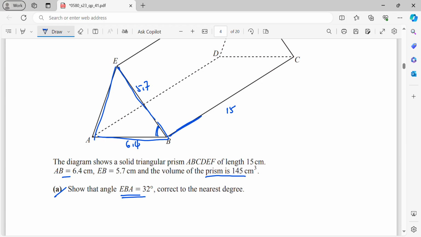So I will say volume equals area of triangle ABE times length, which is BC.